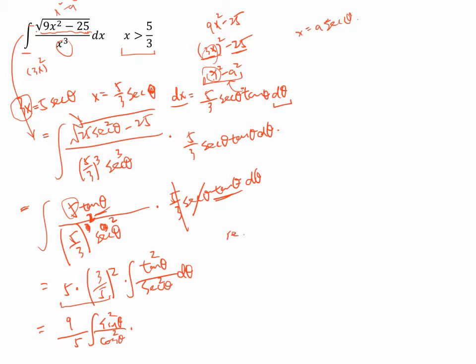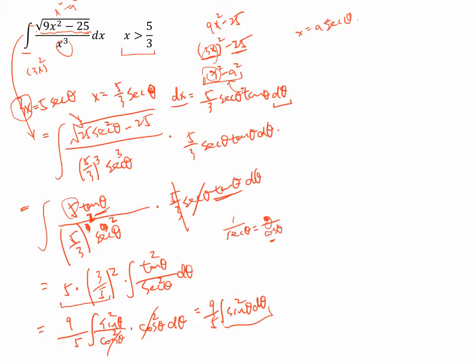We know that secant theta is 1 over cosine theta, so if I want to multiply it out, I'm going to take the inverse. 1 over secant theta is cosine, so multiply cosine theta squared d theta. These two can be cancelled out, which equals 9/5 sine theta squared d theta.